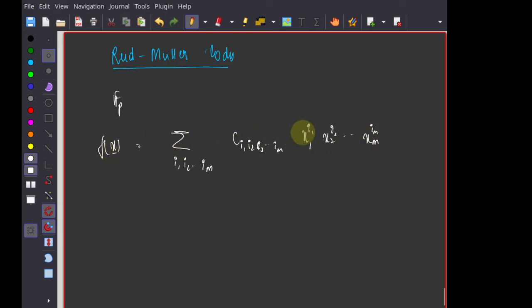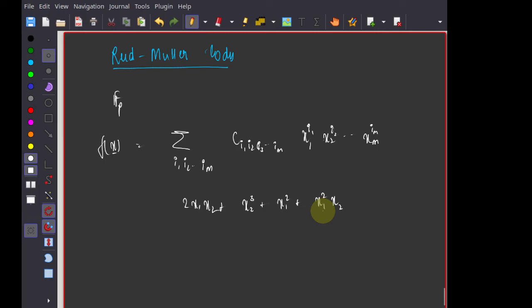So now this is a function of x1, x2, x3. A simple example would be 2 x1 squared plus x2 cubed plus x1 squared. This is a polynomial in two variables. It's a multivariate polynomial in two variables.